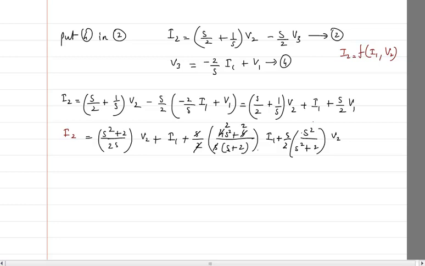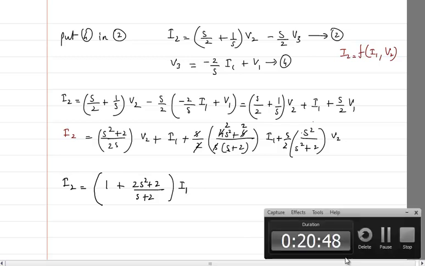So it is 2S square by 2. 2S square plus 2 by 2 by S plus 2. And here nothing gets cancelled off. So now I can write I2 is equal to I1 component I will write together. So this is 1 plus 2S square plus 2 divided by S plus 2, into I1, correct?